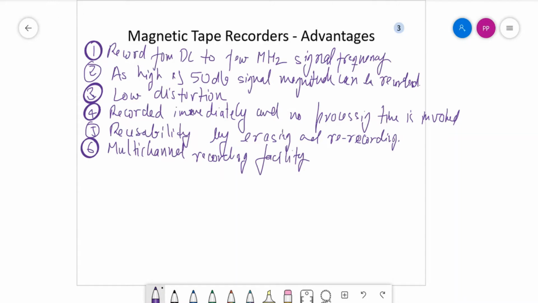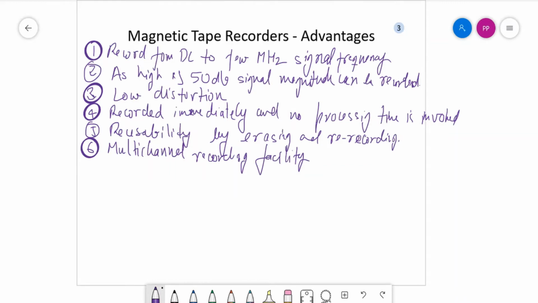Even in tape drives for audio systems there are provisions of recording 16 different tracks, just like in a Dolby digital system. Similarly in video cassettes we can record the video signals in different channels as well as audio signals in stereo form. So we can make use of the multiple channels.